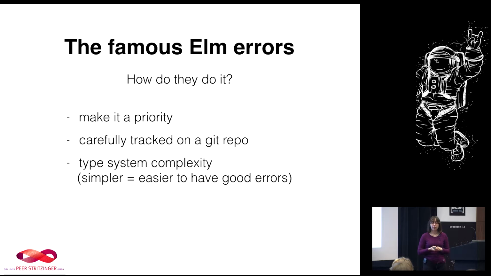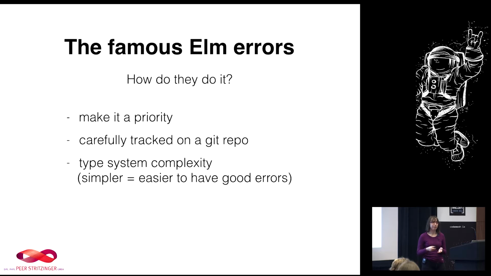And how they achieve these great error messages, the first thing is they make it a priority. It's really important for the Elm community to have great error messages. So they carefully track them in a Git repository, and people can send their own error messages that weren't clear. Then everyone can look at them and make them better. Another reason they're able to do this is the type system is not that complex.